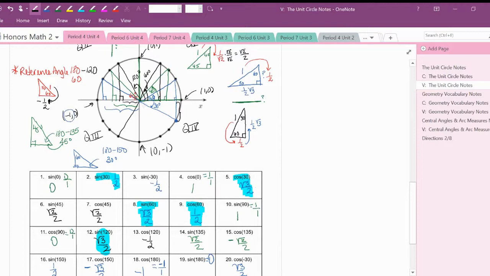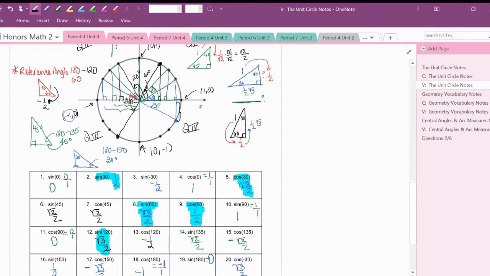You can see that these 2 points are 180 degrees apart from each other. You see the half of the circle, but we have to account for we already rotated 60 degrees. So this one is 180 plus 60, or 240.